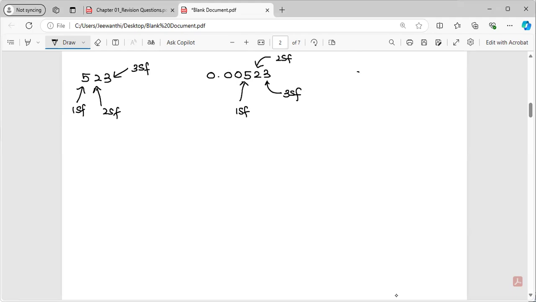But if you have something like this, let's say 0.002052, right? Then here this is the first significant figure, this is the second significant figure, this one the third significant figure, and this is the fourth significant figure. Now you might think that earlier I didn't consider the zeros as a significant figure, but in the last example the zero which is in between 2 and 5 I took as a significant figure.